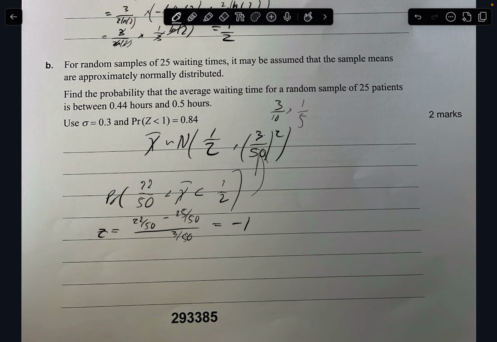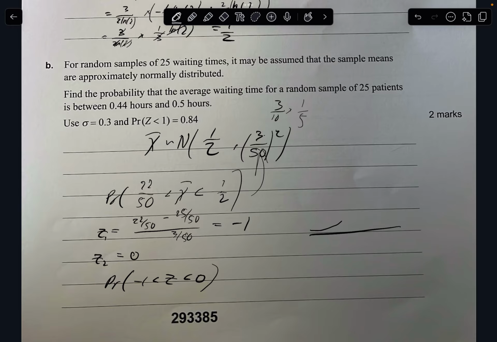And then z2 is equal to 1/2 minus 1/2, which is 0. Okay, so this is basically the probability that z is between 0 and -1.